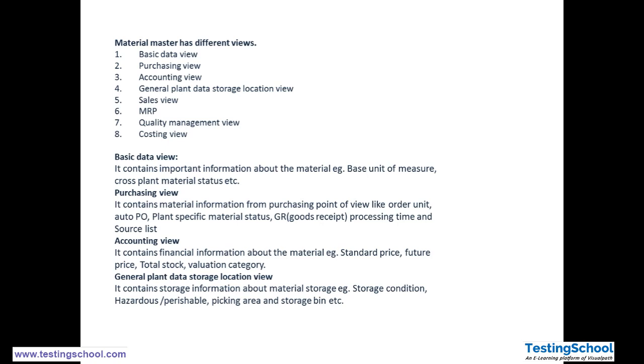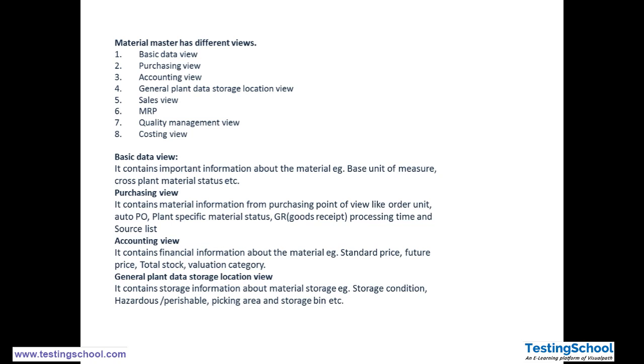What are the different views of material master? Material master has multiple views, depending on the users. Basic data view will have the basic view of the material. Purchasing view covers the purchasing point, purchasing department and purchasing organization, and gives multiple pieces of information about the material related to purchasing activity.